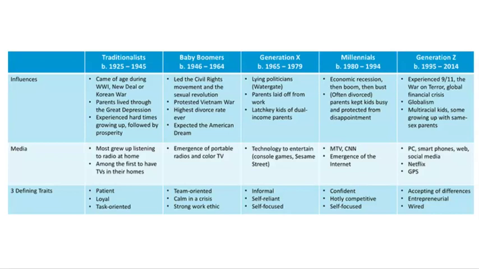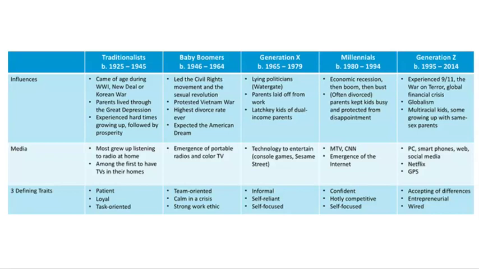Millennials, these folks experienced economic recession, boom, then bust. Often their parents were divorced. The media that they saw come through in their lifetime: MTV, CNN, the internet. Three defining traits: they're mostly confident, they tend to be competitive and self-focused.